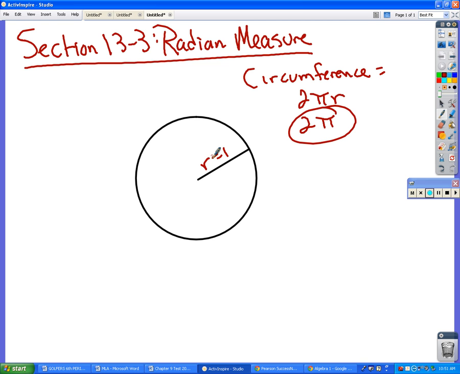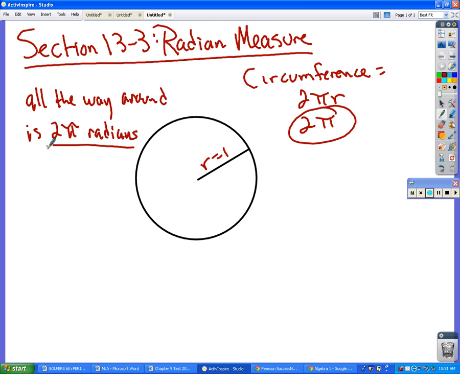And so somebody said, well, forget about this 360 stuff, that doesn't make any sense. Let's say all the way around the circle is 2 pi radians. What you need to get into your head right now is this very important little piece of information.